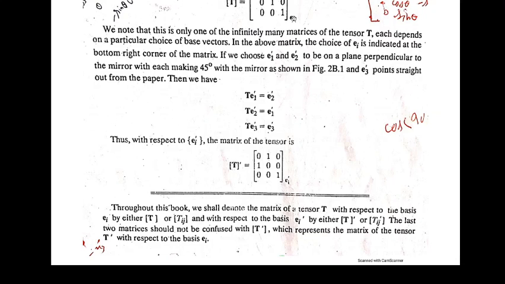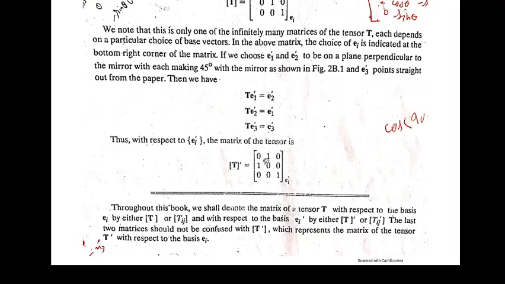Now if you have basis E1 dash, E2 dash and E3 dash in such a way that E1 dash and E2 dash lie on a plane perpendicular to the mirror, with each making a 45 degree angle with the mirror, this is the mirror, and E1 dash and E2 dash make a 45 degree angle with this E2, and E3 dash is simply pointing outward.